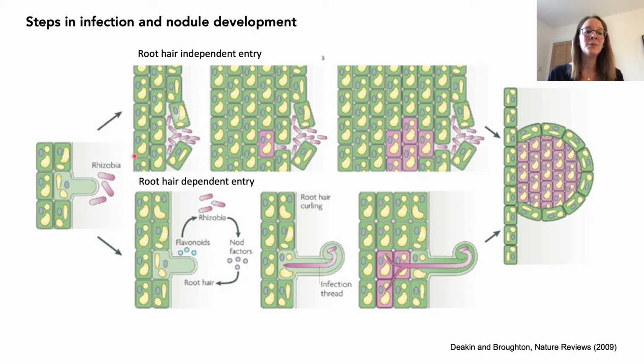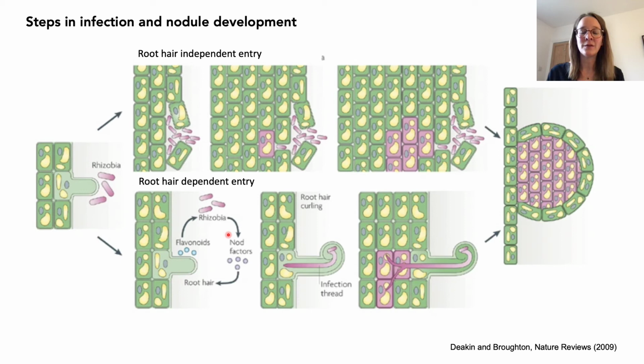But the more sophisticated way for rhizobia to colonize the roots is through root hair dependent entry. So what happens here is that the roots release signaling molecules called flavonoids, and these flavonoids are sensed by the rhizobia and attract the rhizobia.